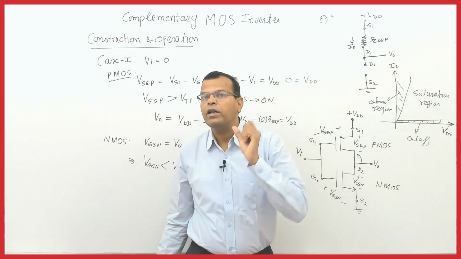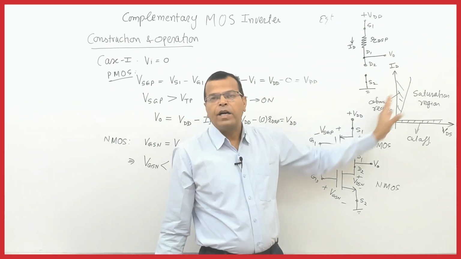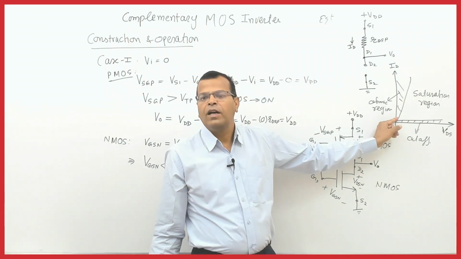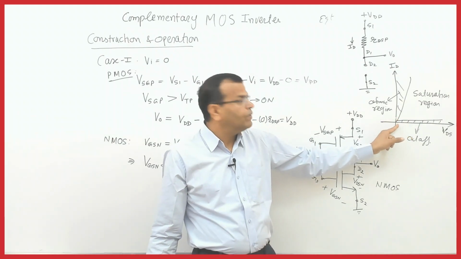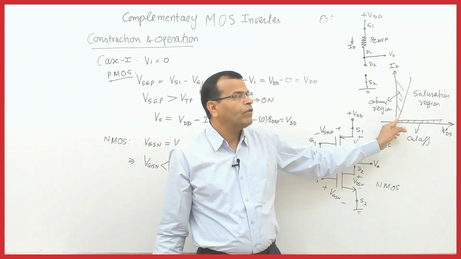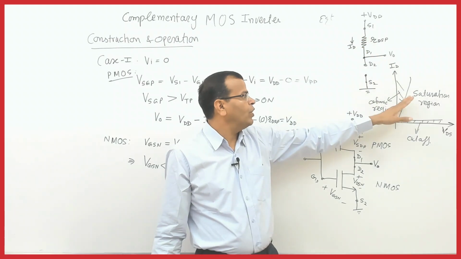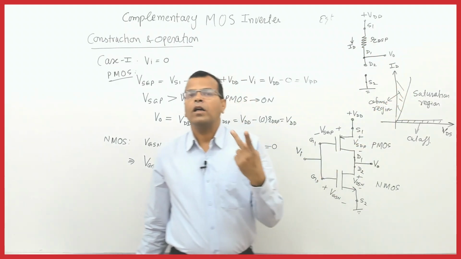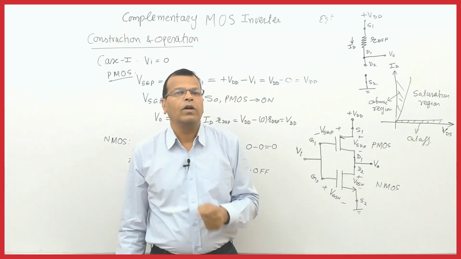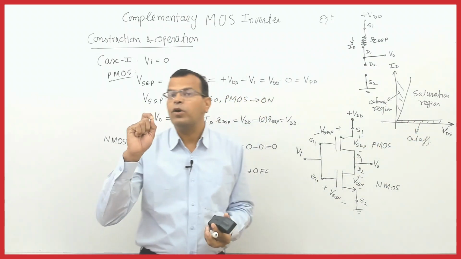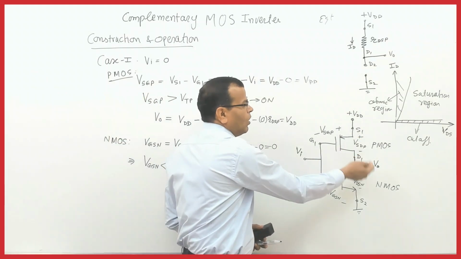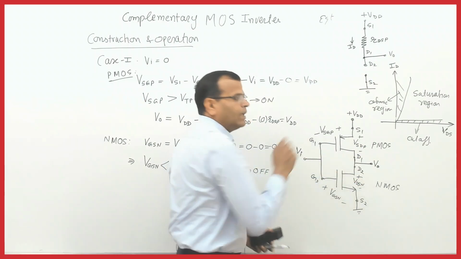Here only one condition is fulfilled, not both. Drain current is not large, it is small, but voltage VDS is small. So that must be somewhere here, that may be the point of operation of this device. So in the ohmic region of operation, there are two conditions: current may be large, but voltage VDS will definitely be small. So if the voltage across the device is small, voltage VDSP or VSDP or VDSN is small.